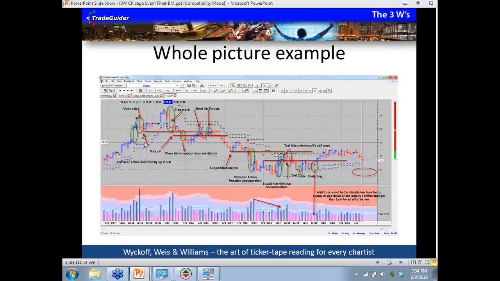It immediately comes down and tests it. So what I did is I marked that area as an area of support. So it looks like, well, they drove it up, they upthrusted it a little, but they might be absorbing, not quite sure. We'll have to wait and see.